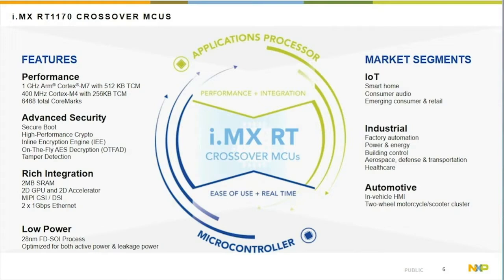In addition to that, it also has a secondary core, an Arm Cortex-M4 core that runs up to 400 megahertz. So this represents in some cases 2, 3, 4x the performance of our current generation automotive processors on the market.